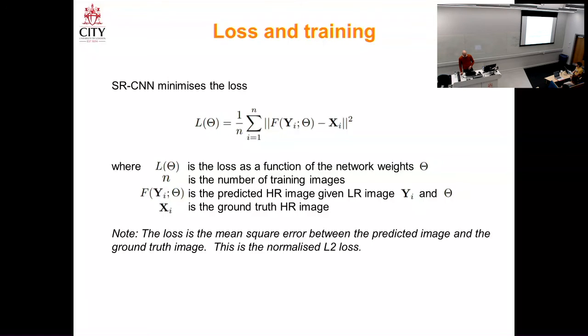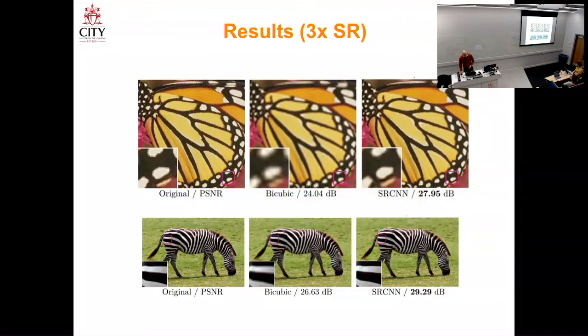So anyways, here are some results. On the left, you have the original image. In the middle is bicubic interpolation, and on the right is SRCNN. So essentially, SRCNN is learning how to improve from a bicubically interpolated image.